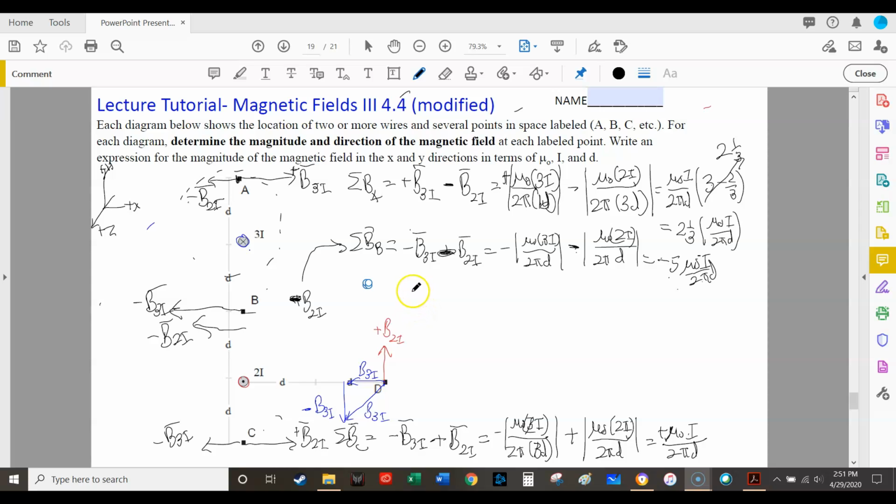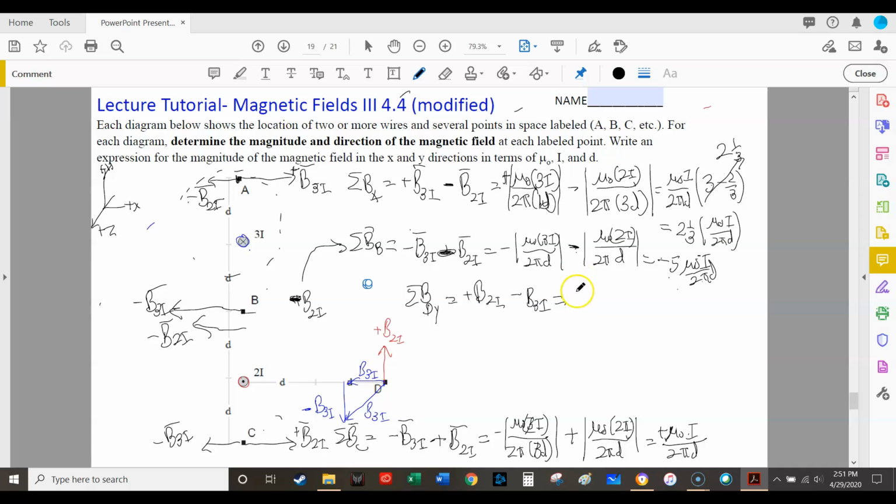Okay. Well, let's sum the B field at point D in the y direction. Okay. So that's going to be equal to a positive B2i minus B3i.